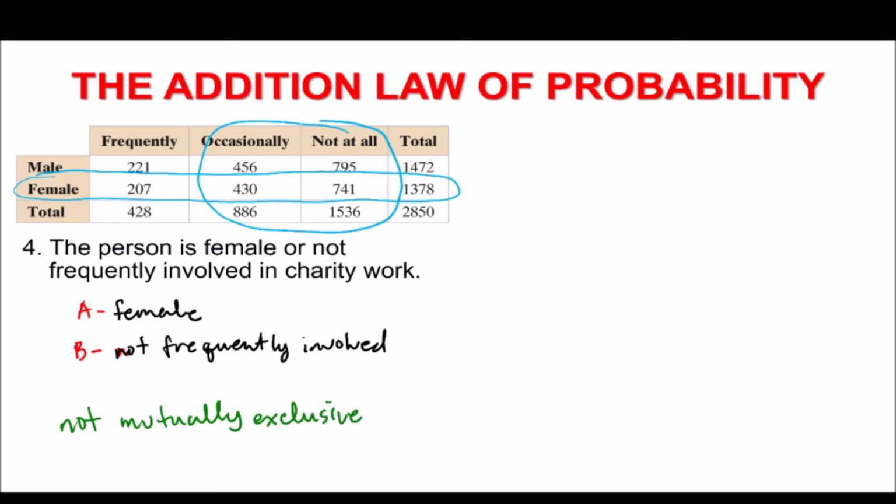So we can write the formula: probability of A or B is equal to probability of A plus probability of B minus probability of A and B. So the probability that it is a female is 1,378 all over 2,850.